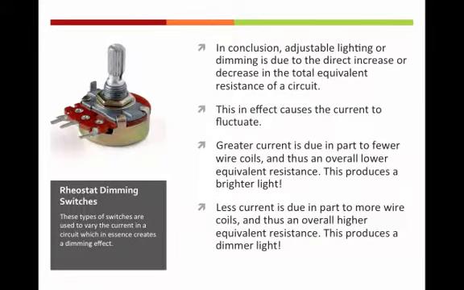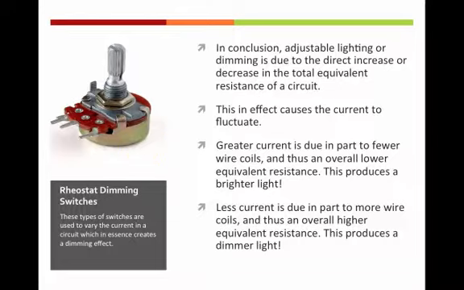Okay, so this is a rheostat switch, and typically what would happen is you would connect the switch to, say, a hot and a neutral, and then you would turn that knob on the top. There'll usually be a big old knob that slides onto that metal portion sticking up here. And as you turn it, it moves a connector inside the switch that adjusts how many coils the electricity is going to pass through.